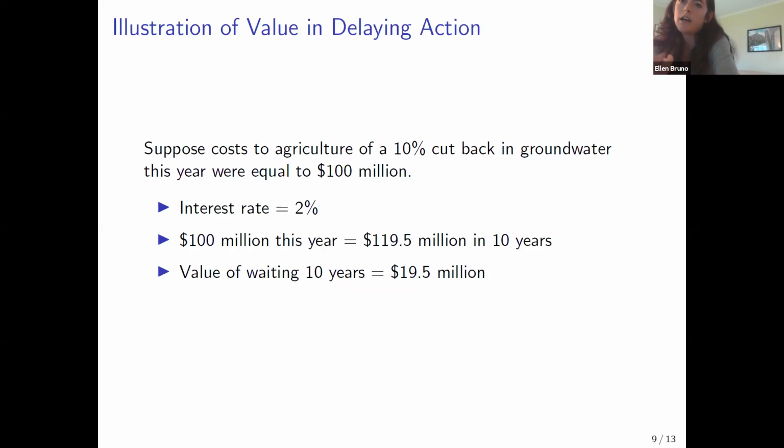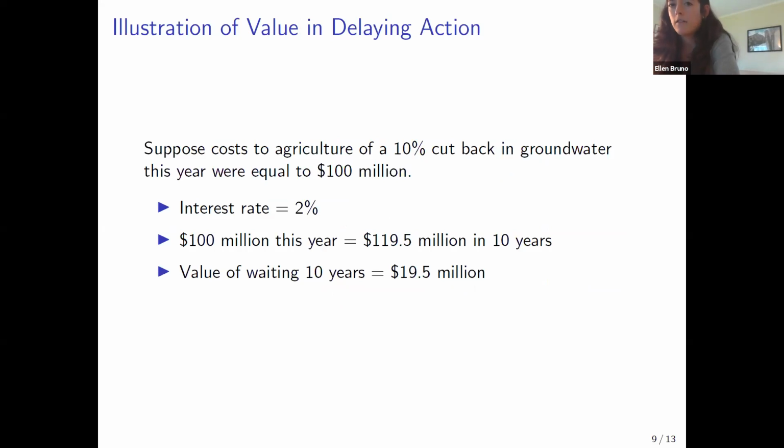Just suppose that the cost to agriculture of a 10% cutback in groundwater use this year would be $100 million, for example, just a made up number. At an interest rate of 2%, $100 million today is equal to $119.5 million in 10 years because of compound interest.